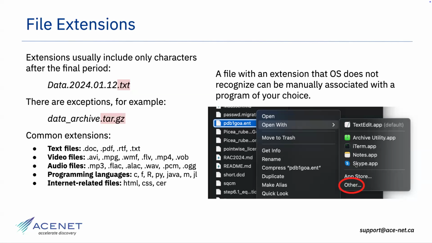It will give you a choice of applications, but if you go to other, it will show you all available applications, and then you can associate any application you want with the file and make it the default.